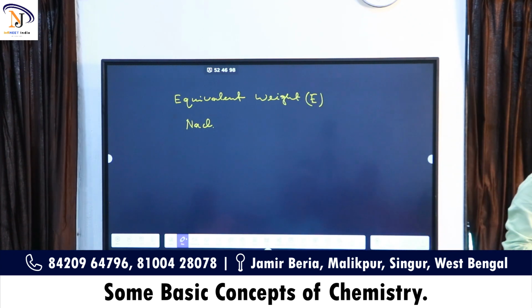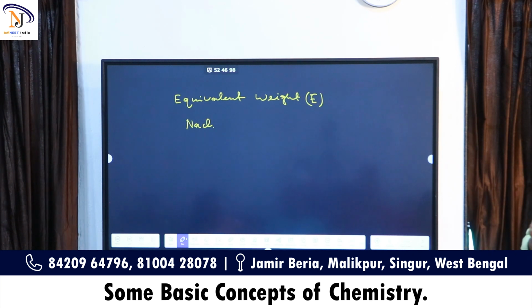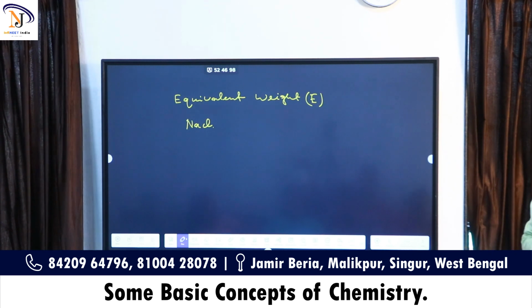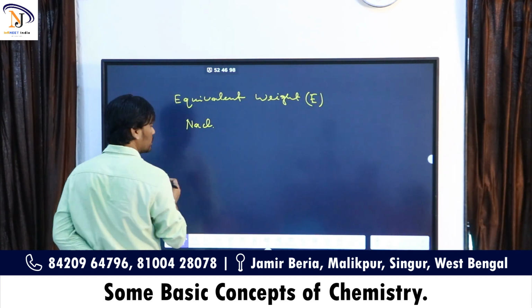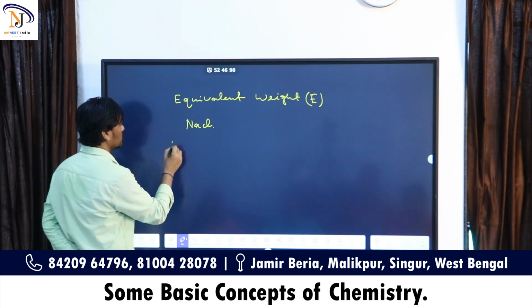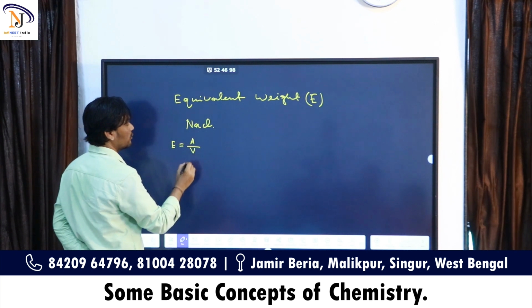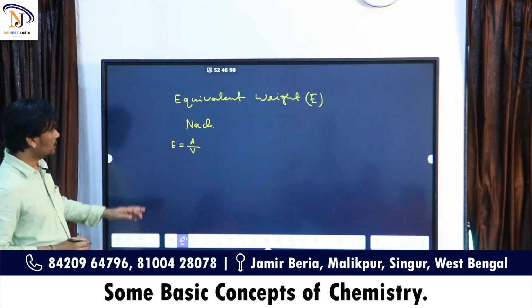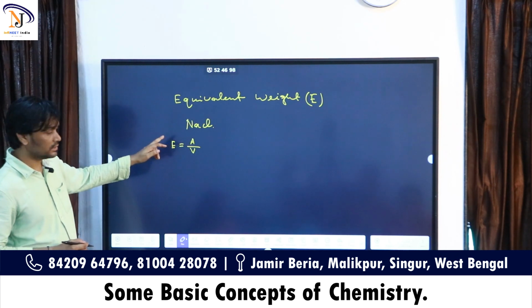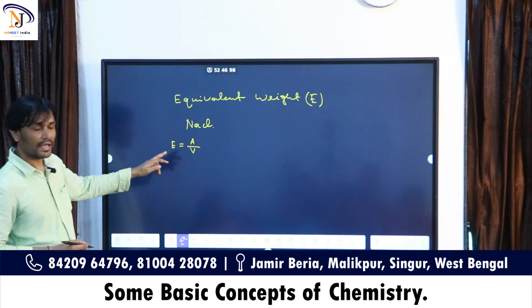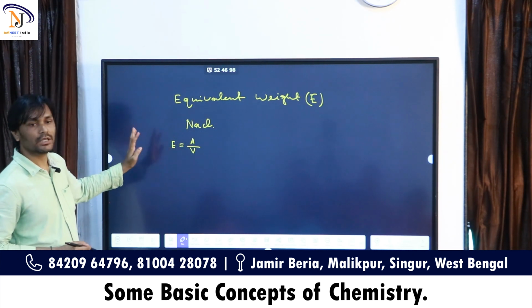Equivalent weight is equal to atomic mass divided by valence. This is one of the equations to calculate equivalent weight. Here V is the valency, A is the atomic mass, and E is the equivalent weight.